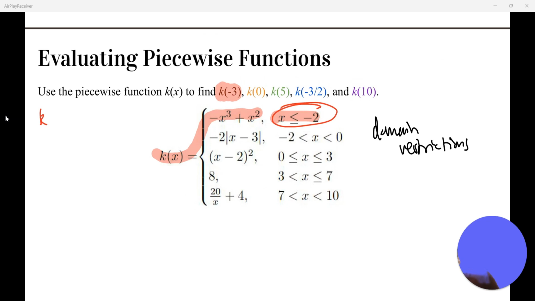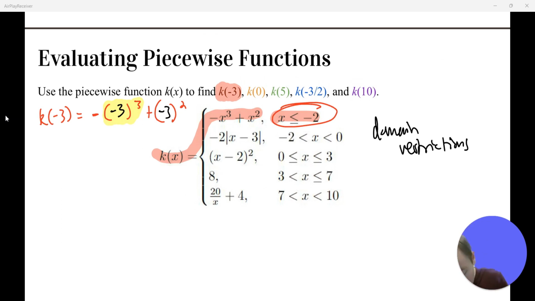So doing our work for this, k of negative 3 is going to be equal to the negative of x cubed plus x squared. I put parentheses where those x's are going to go, and then we can plug in our value of negative 3, and then just follow PEMDAS. We want to make sure that we exponentiate before we apply that negative in front. So negative 3 to the third means negative 3 times negative 3 times negative 3.